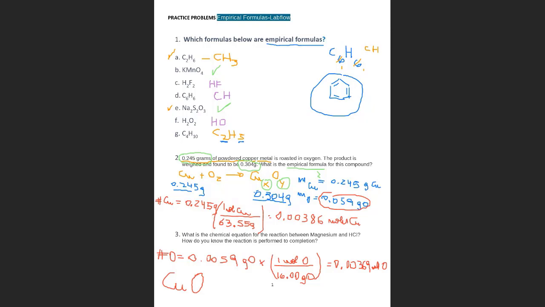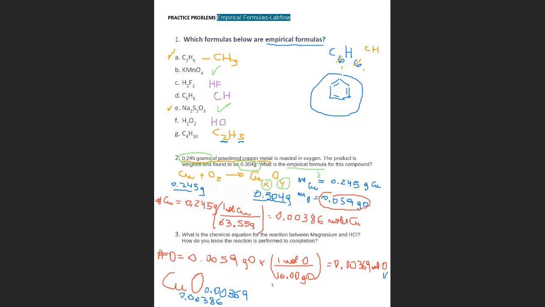The number of moles of copper is 0.00386, and the number of moles of oxygen, I got them here, equals 0.00369. But I'm not done yet, because the empirical formula doesn't want these numbers, it wants whole numbers.